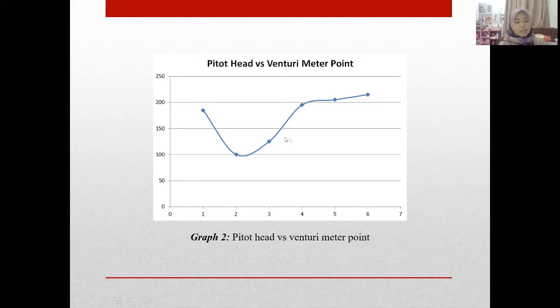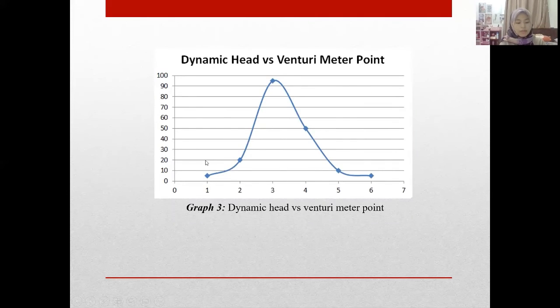The value continues to rise again until 0.6, where it reaches the highest value, which is 215 mm. As you can see, this is 0.6 and this is the value, 215.